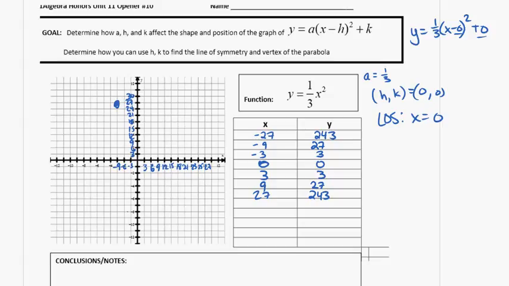At -3, which is just 1 tick over, I should be at 3, which is 1 tick up. 0, I should be at 0. It's up there. And then my symmetry. So this looks a lot like y equals x squared. But I changed my axes to make it look like that.